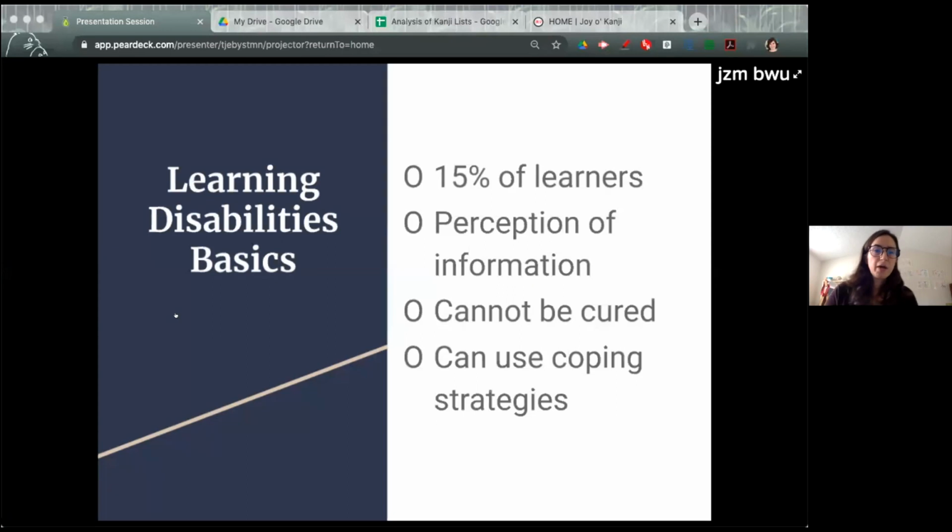When I'm talking about learning disabilities, I'm talking about the way students process and perceive information. This is something where students need support in coping with and compensating for the different ways that they process information, but it can't be cured.